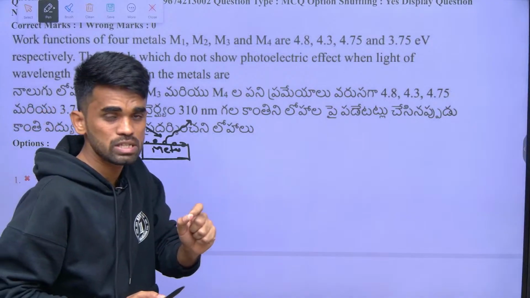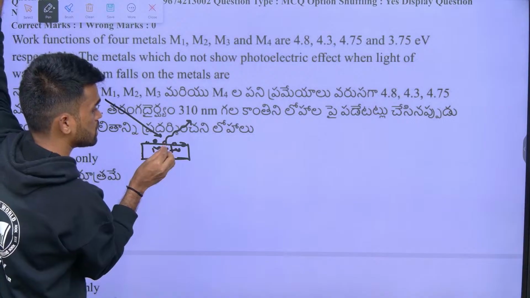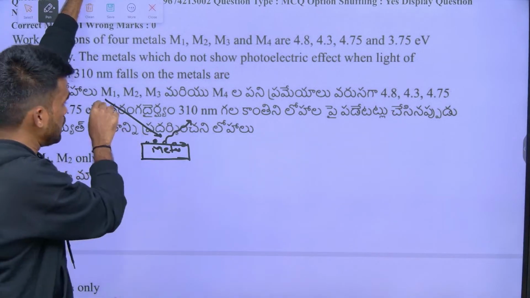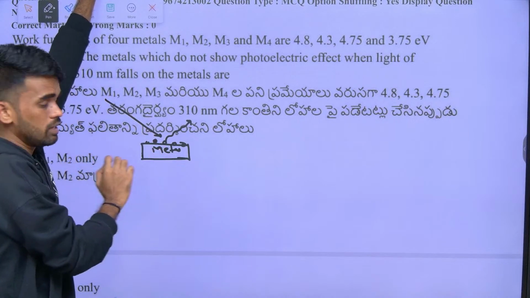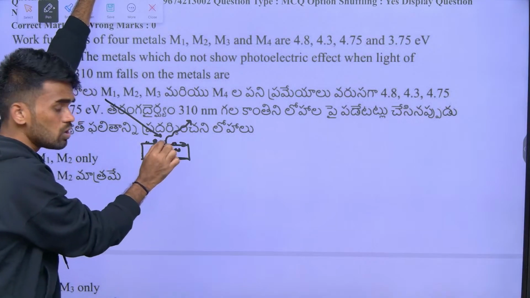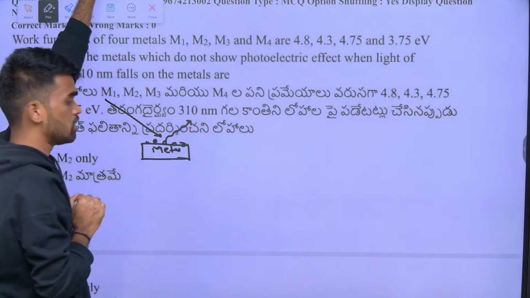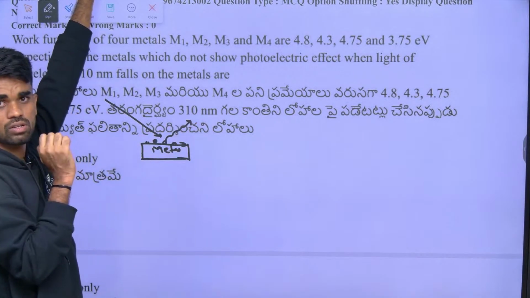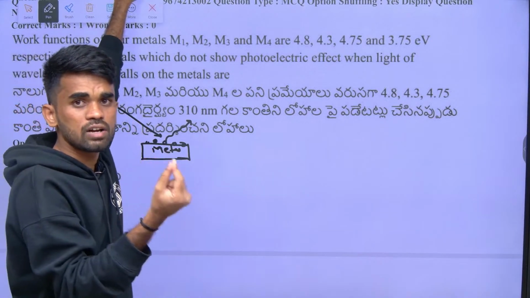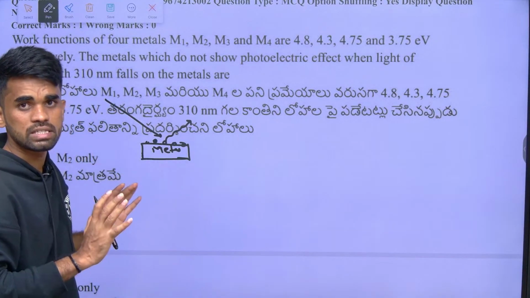The work function is the minimum amount of energy to bring the electron out from the metal surface by supplying heat or light. In terms of frequency, it is the threshold frequency.